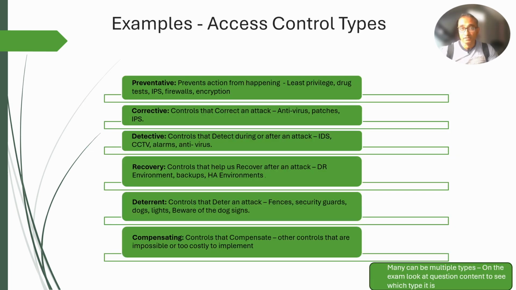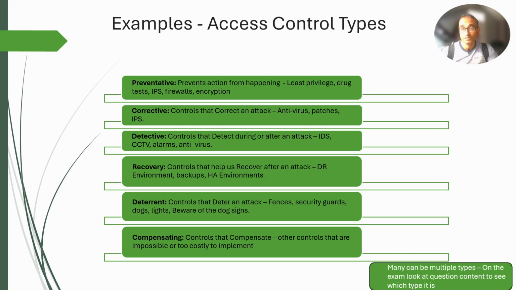Further extending to those, access controls also carry distinct natures. For example, some of them are preventive in terms of technical controls; intrusion detection and prevention systems are preventive in nature. Some of them are corrective, for example, patching your system, running an updated antivirus.